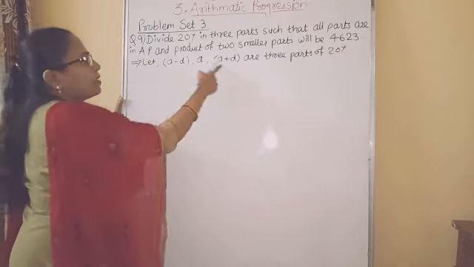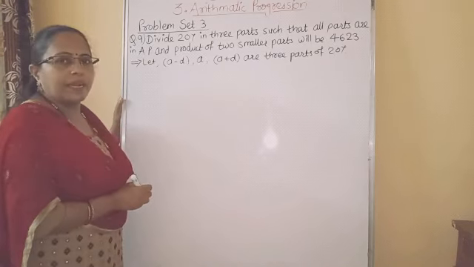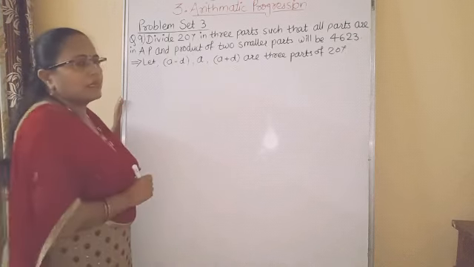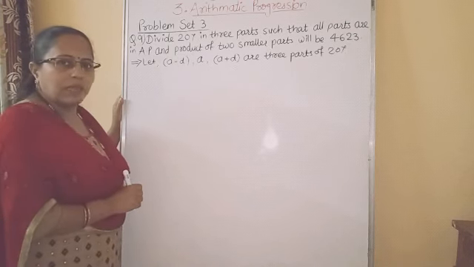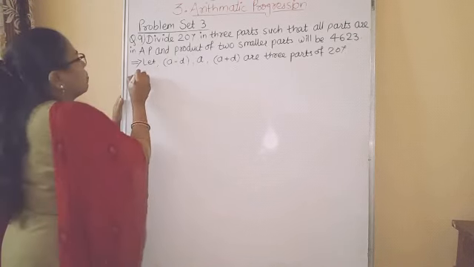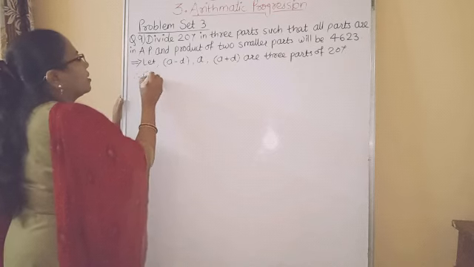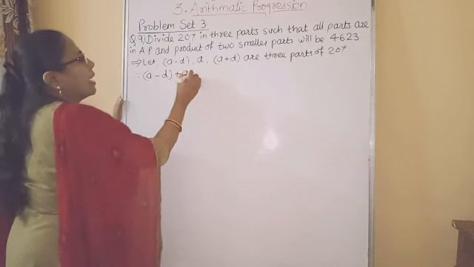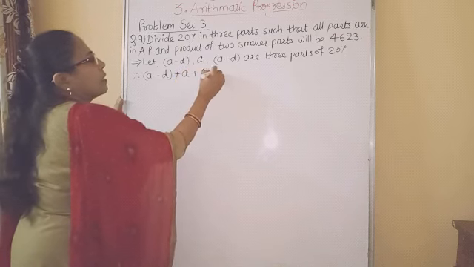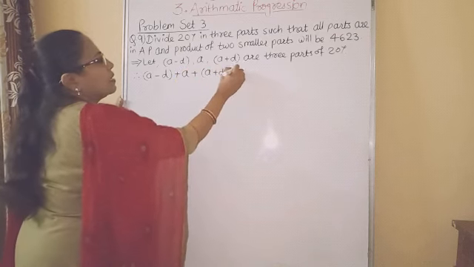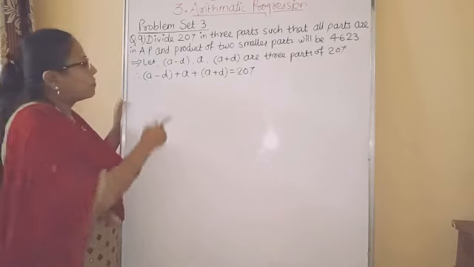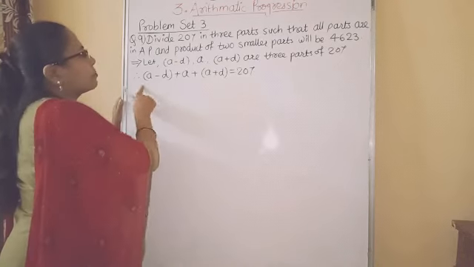Now these are the parts of these 207. That means the sum of these 3 parts is 207. Okay. Therefore, we will get the equation A minus D plus A plus A plus D is equal to 207.